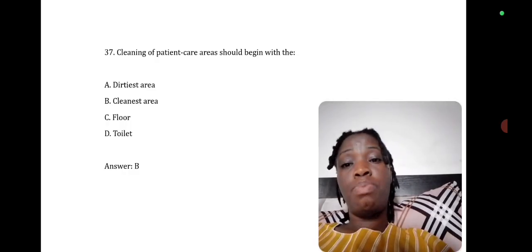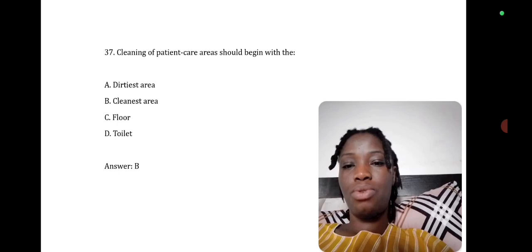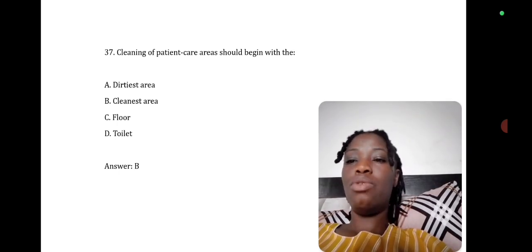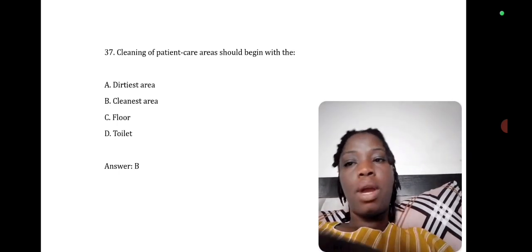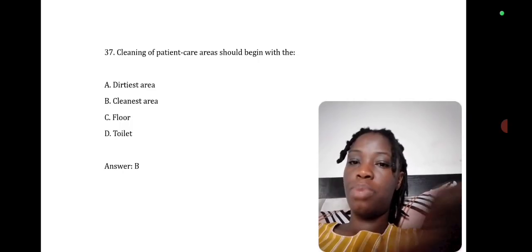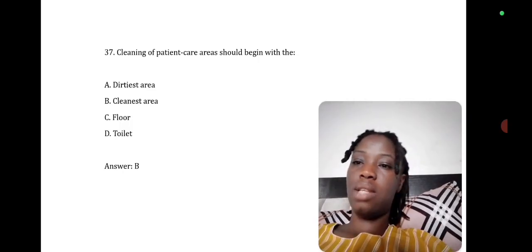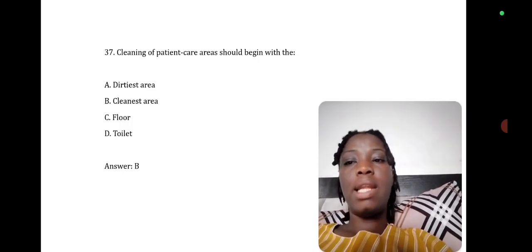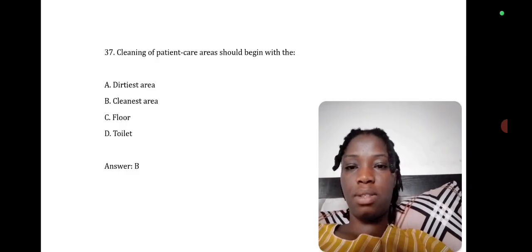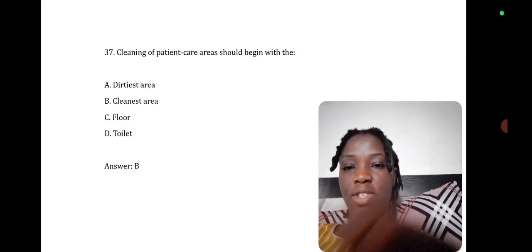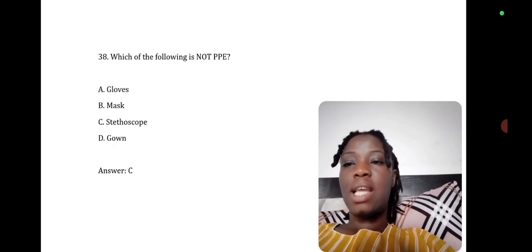For wound dressing, you should clean the place that is clean first before you go to the dirty area. Clean to dirty. So cleaning of patient care areas should be from clean area to dirty area. So cleanest area comes first to prevent cross-infection.